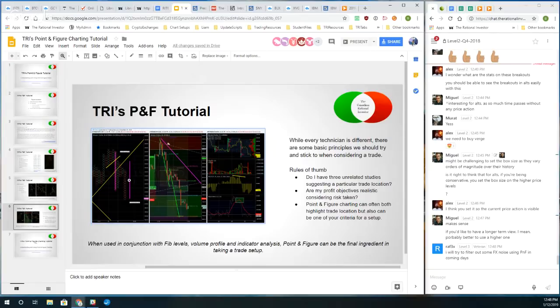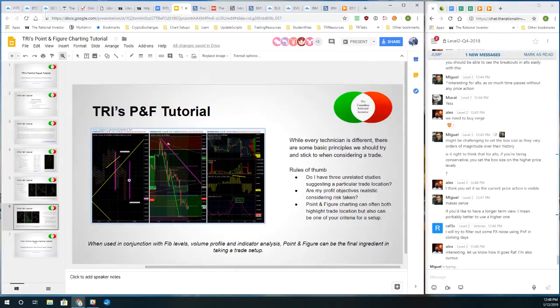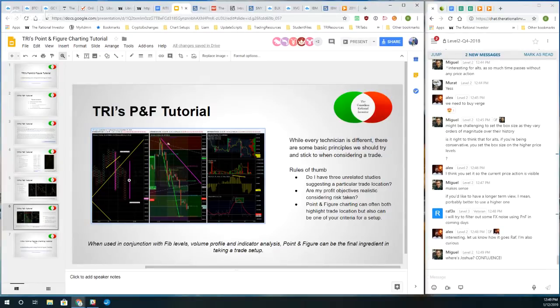So ask yourself if the signal that you're seeing on your point and figure chart aligns with the setups that you've been working with all along here. If you want to add point and figure charting, I love point and figure charting in that, does it make sense that this is a completely unrelated reason to consider taking a trade?